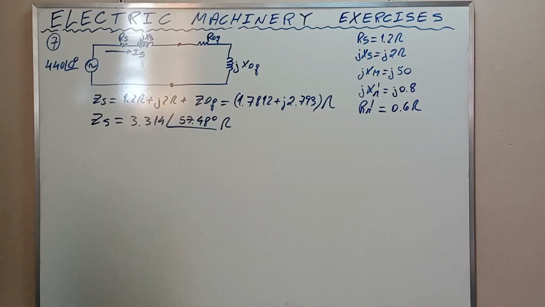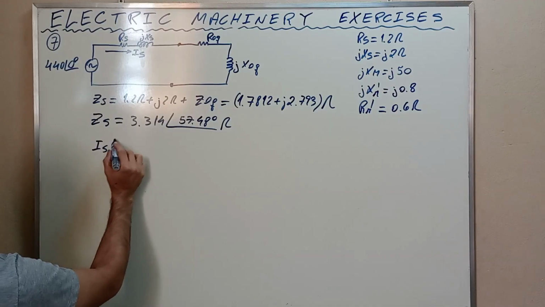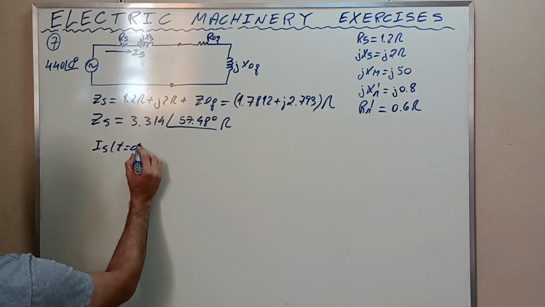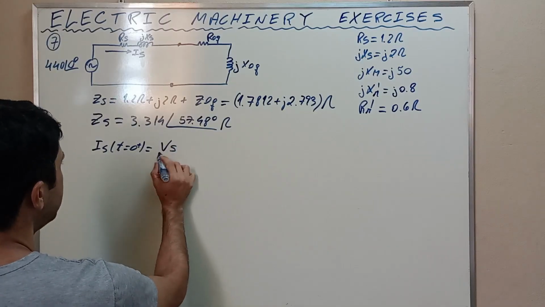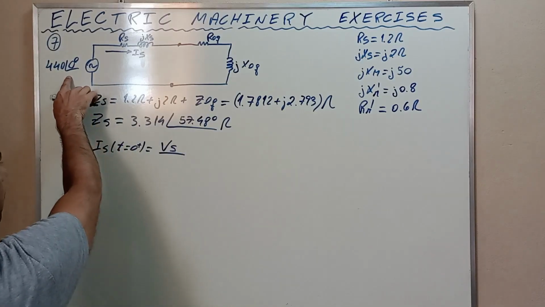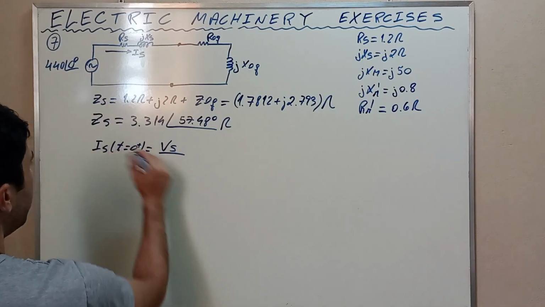Thus the starting phase current is this. We calculate the starting phase current I_S at t equal to 0 plus, which is equal to Vs divided by the impedance seen by the source.